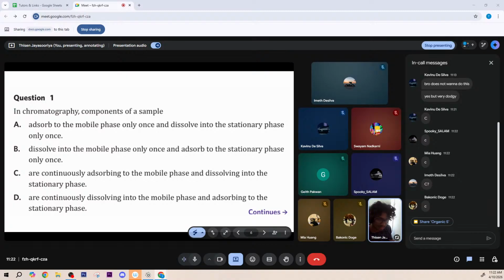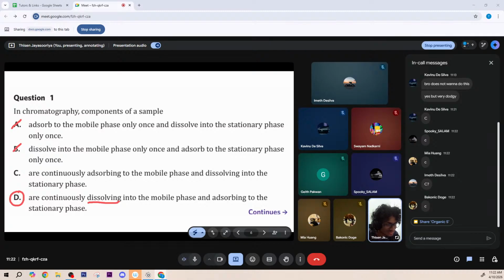Okay. So it isn't these two. Again, as I said before, it continuously goes from mobile to the stationary to the mobile to the stationary to the mobile to the stationary phase. So it has to be between C and D. Now the answer is D. It's dissolving into that mobile phase. You can think about it as a solvent.